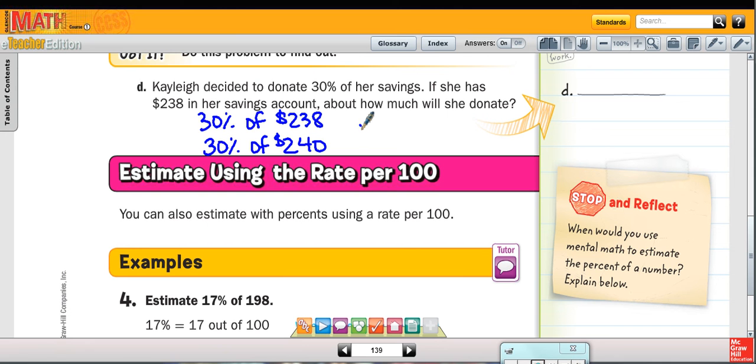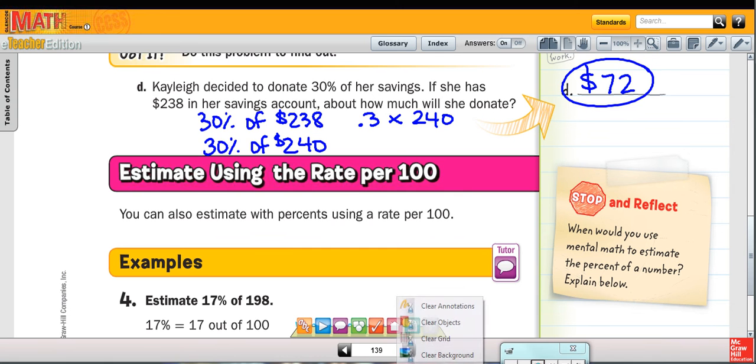So 30% would become 0.3 times 240. What do you get? That would be close enough. 72. So she's going to donate $72. 200 would be way too far away. You could have gone to 250. That'd probably be okay. But 200 is too far away.